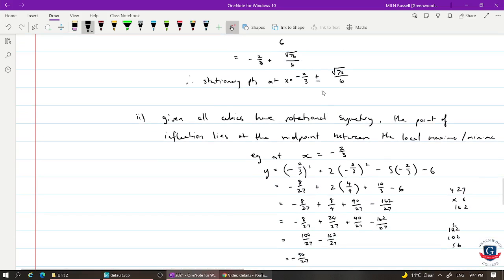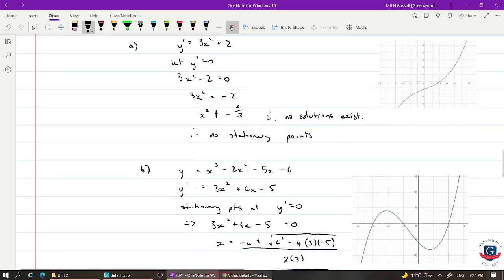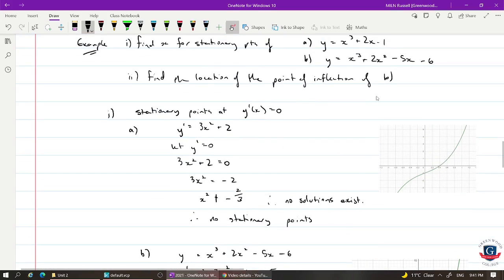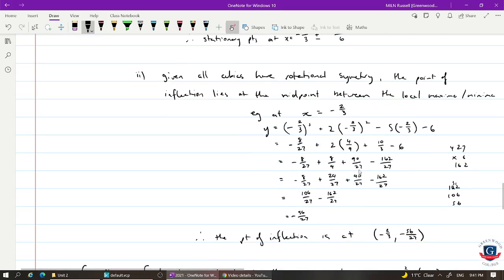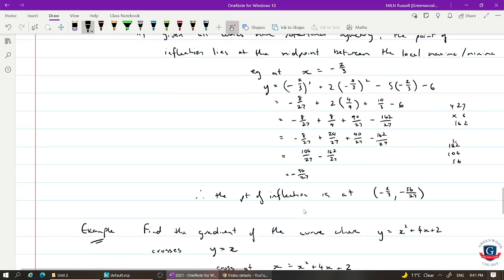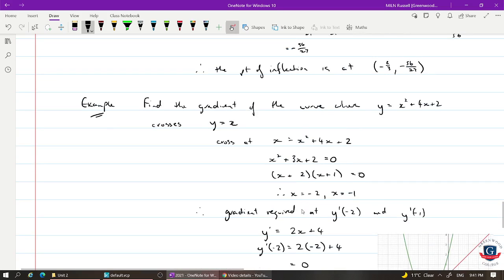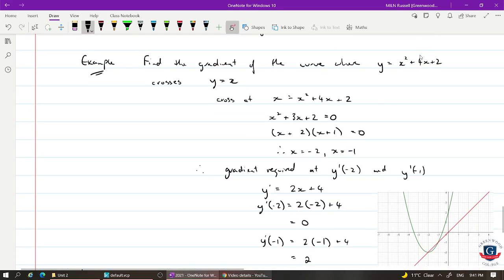So we're going to sub in negative 2/3 into this equation here to find the y-coordinate, which we find out is negative 56 on 27, and therefore we make a statement: the point of inflection is at negative 2/3, negative 56 on 27.